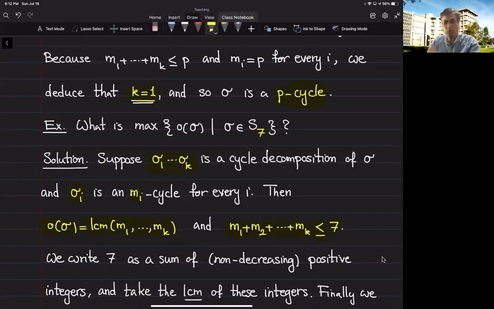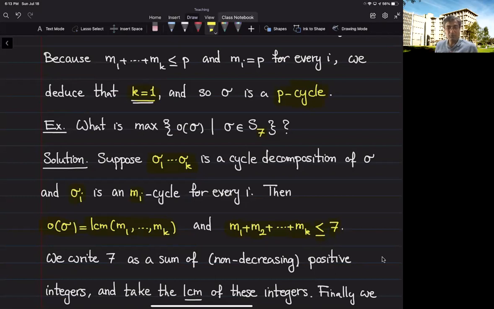Now, I'm interested in the least common multiple of these numbers. I can order them. I assume that m sub 1 is the largest one, then m sub 2, and so on. I'm looking at integers that I want to add, and these integers are at least 2, because the m sub i's are lengths of non-trivial cycles. And I want to get at most 7.